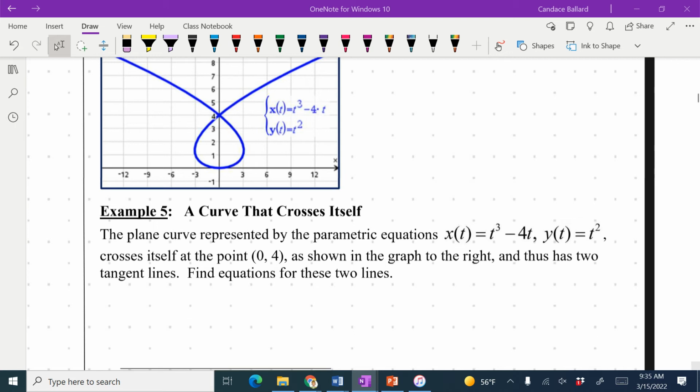Okay, I want you to read it a second time, and I want you to underline what we are actually supposed to be finding. What is the question asking us to do?